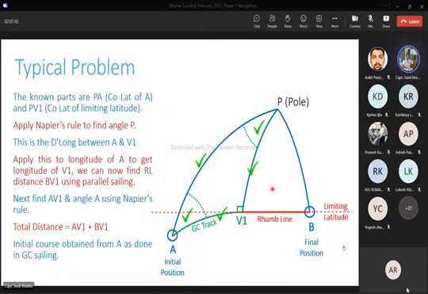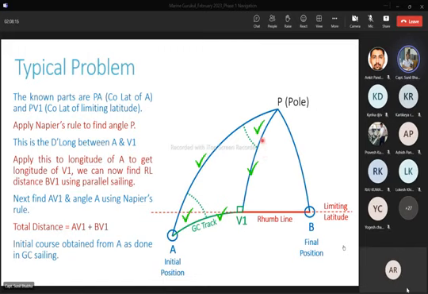Now when you are solving a normal composite question having two vertices V1 and V2, there are three triangles: PAV1, PBV2 and a non-spherical triangle in between, that is PV1V2. So in that case, you need to calculate the middle angle P there. This middle angle P helps us to calculate the rhumb line distance between V1 and V2.